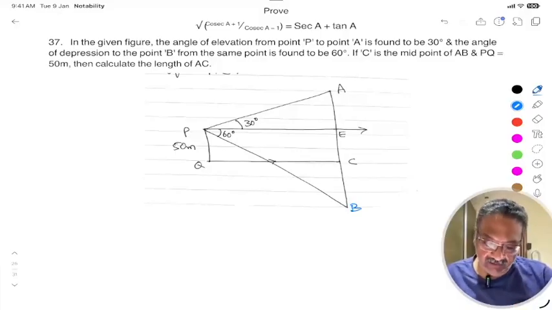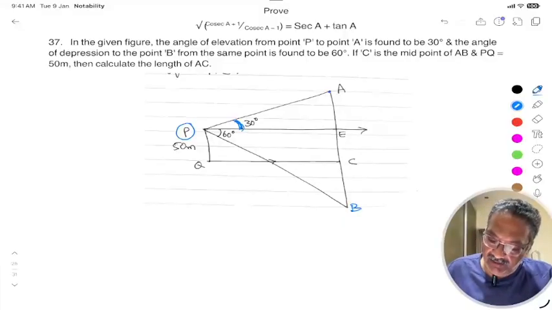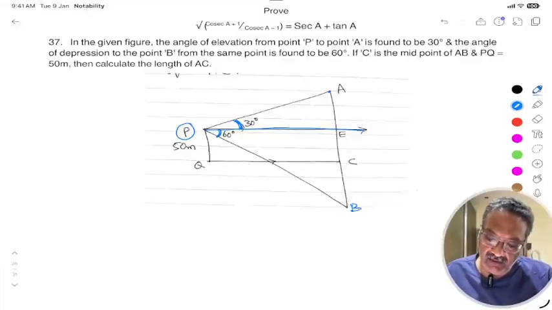Now the next question happens to be the application of trigonometry. In the figure given, whenever the figure is given, the question becomes very easy. The angle of elevation from point P to point A is found to be 30 degrees, and the angle of depression to the point B is found to be 60 degrees.